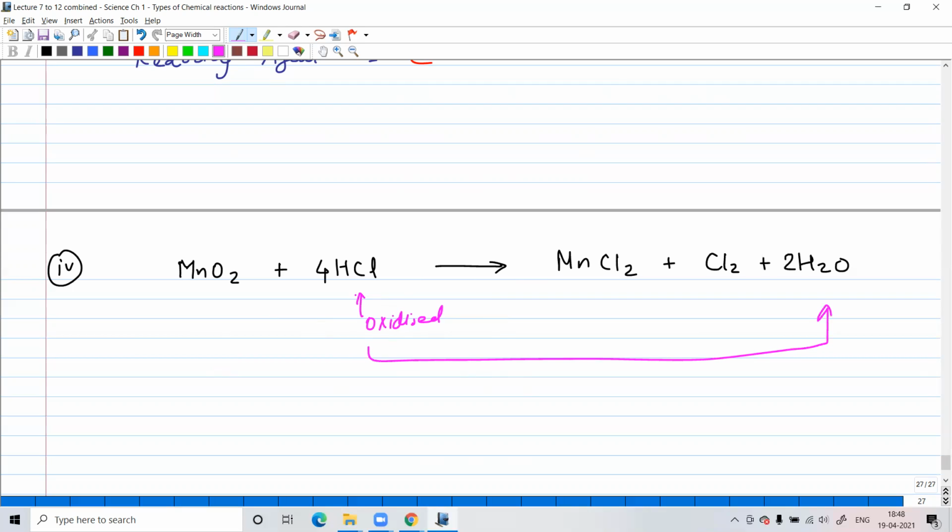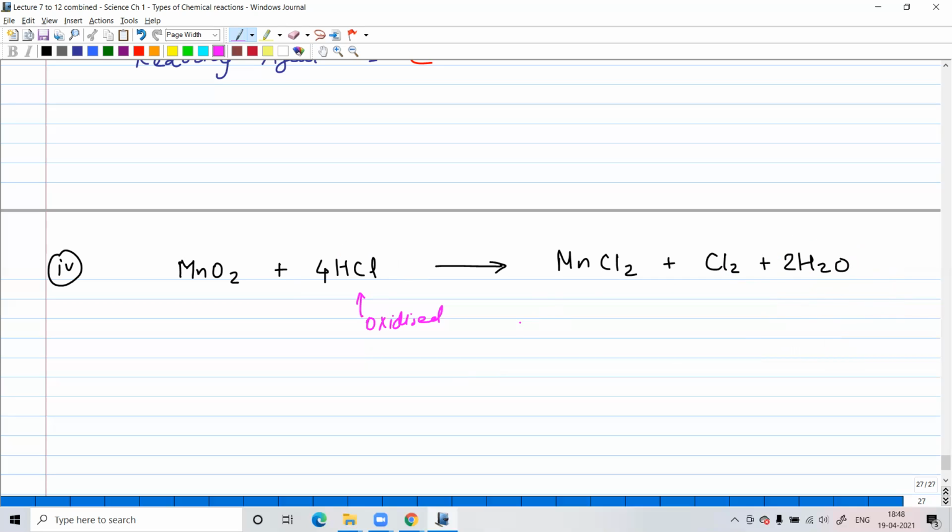What is the reason for this oxidation? Oxygen is added, but here I'm seeing that oxygen is added to hydrogen, not hydrogen chloride. So how can I say that hydrogen chloride got oxidized to H2O? Can we say that? No, sir. So that's not correct.